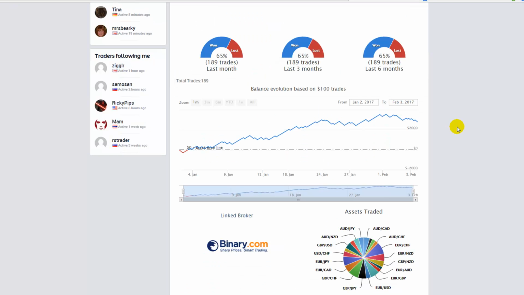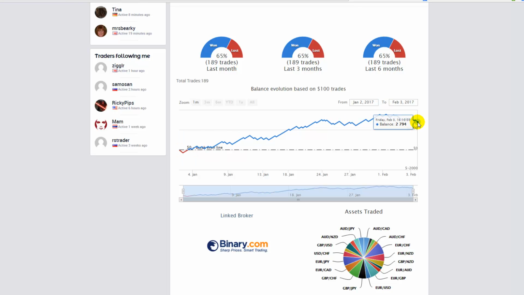This is what I was working on and testing in the same period. So from January 3rd till today, starting with a balance of 0 on January 2nd. This is actually where I started running this.